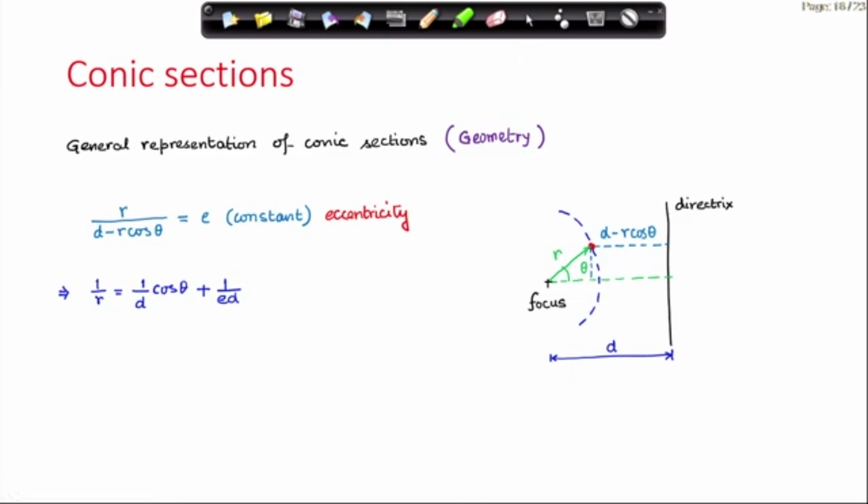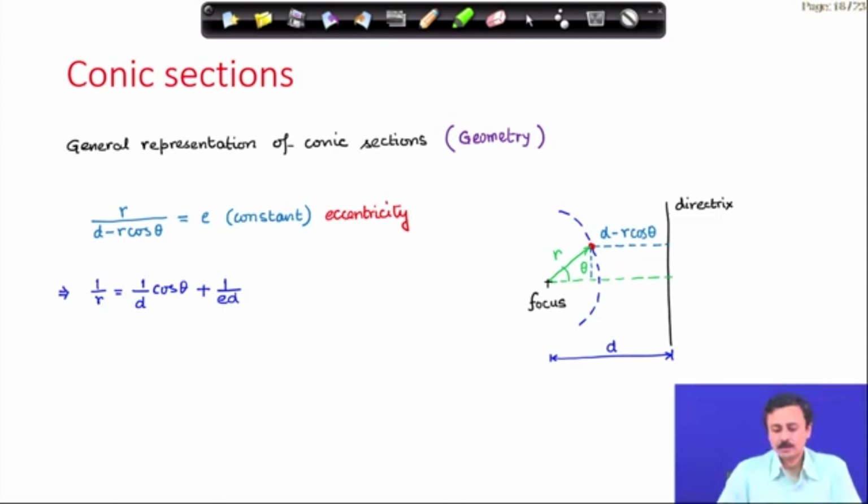Then we looked at the solution of the equation of conic sections, the locus of a point which maintains a constant ratio of its distance from a fixed point known as the focus and its distance from a fixed line which is called the directrix, and d, as you know, is the perpendicular distance between the focus and the directrix.